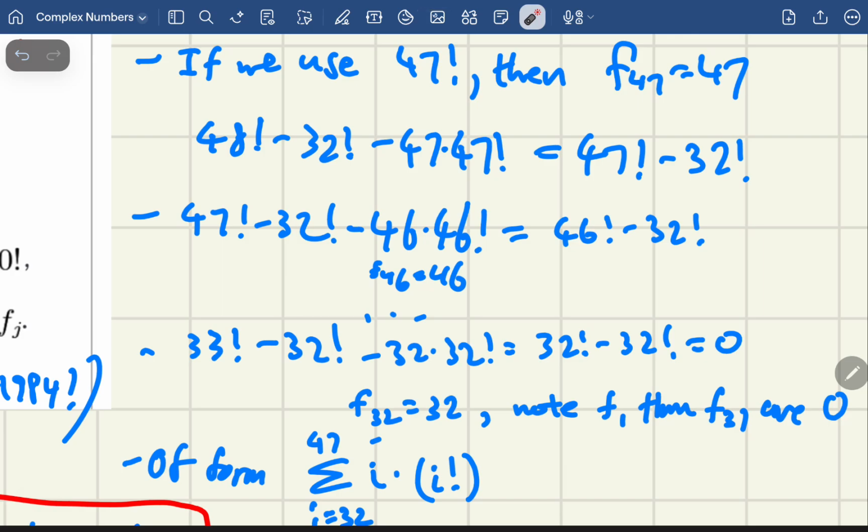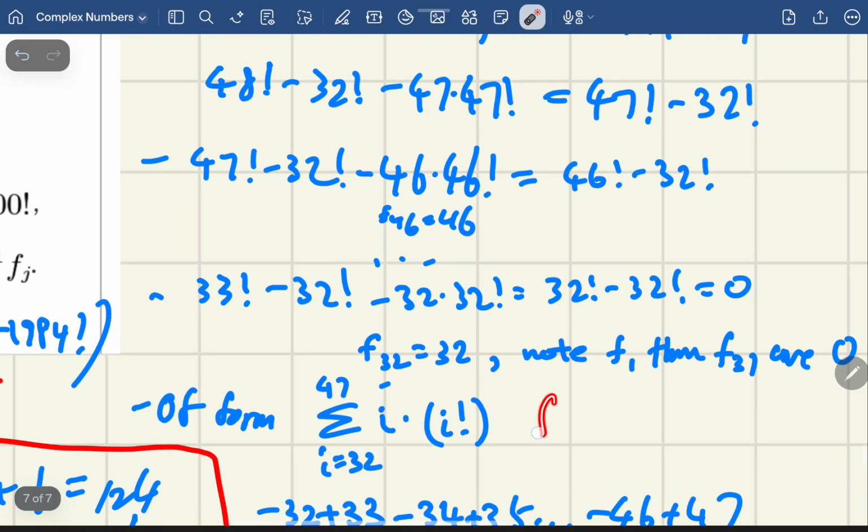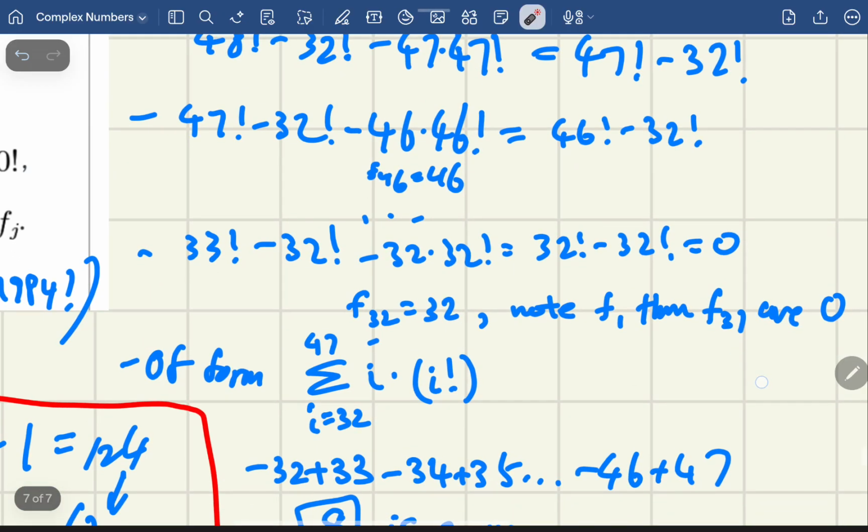So in this case, F1 through F31 is 0, and then from that point on, the index is the same as the value. So it's just of the form the sum from 32 to 47 of i times i factorial.